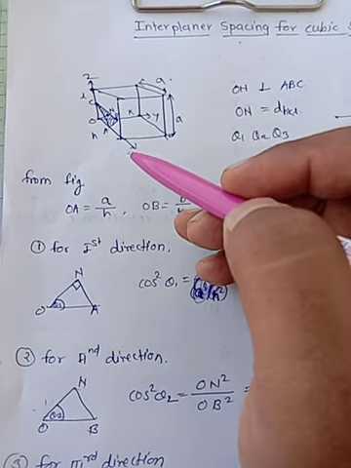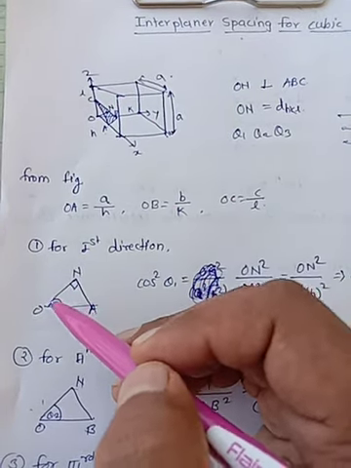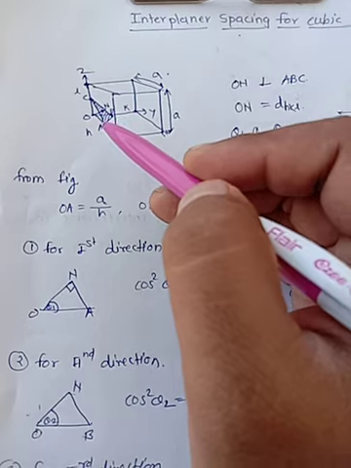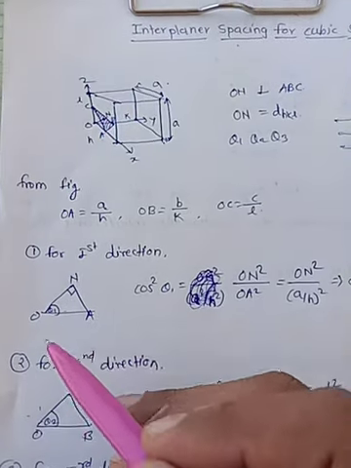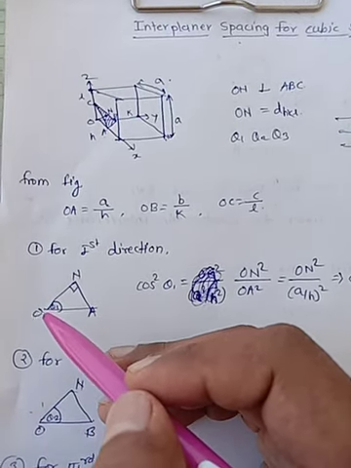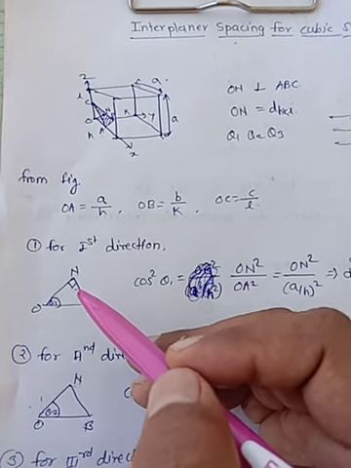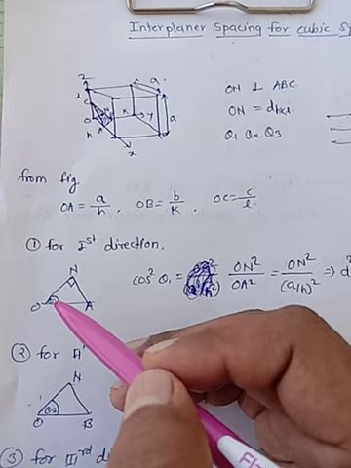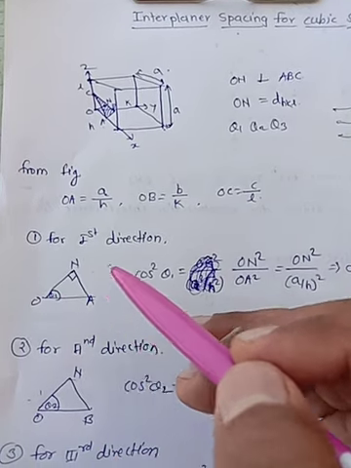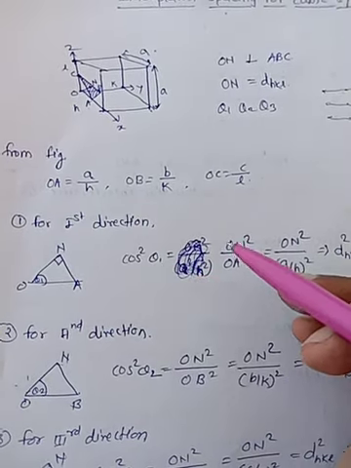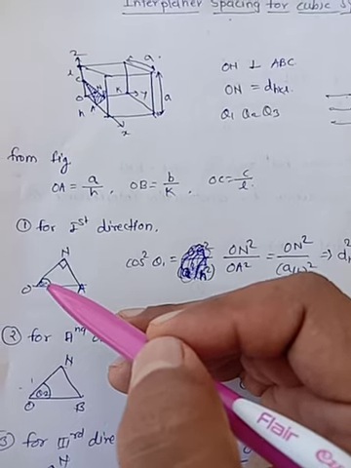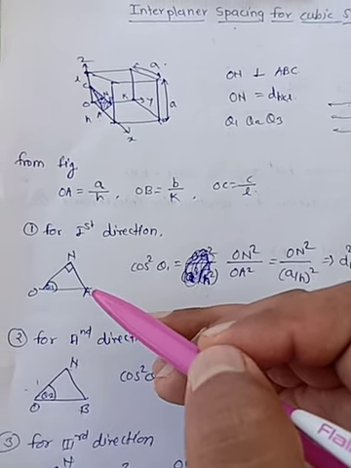For the first direction, suppose this is the point O, A and N. The axial angle of this first direction is theta 1. So cos square theta 1 is equal to ON square upon OA square.